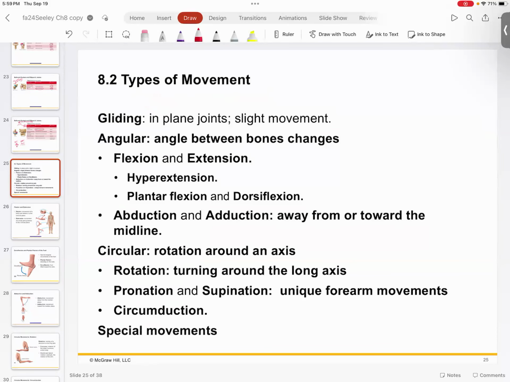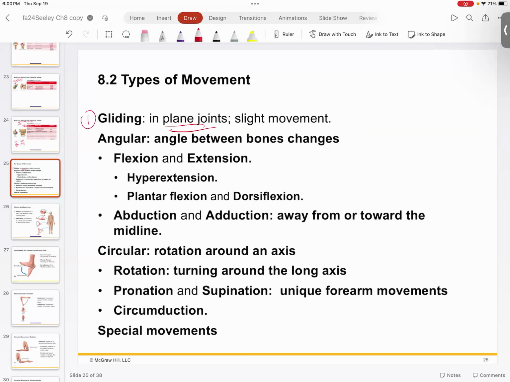Okay, so now let's take a look at the different types of motion. What kinds of motion can we get from this? First of all, there are a couple of different types. There are gliding motions, which you see in plane joints where there's slight movement, the surfaces just rubbing or gliding against each other.